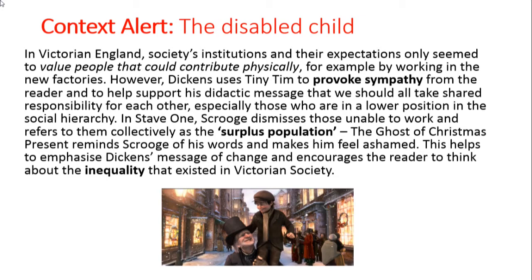Now when Scrooge in Stave 3 visits the Cratchit household with the Ghost of Christmas Present, the Ghost very alarmingly repeats those words back to Scrooge, and he sees the errors of his immediate and historic judgments in calling the Cratchits, calling Tiny Tim, part of the surplus population.